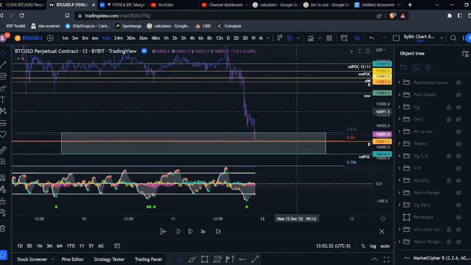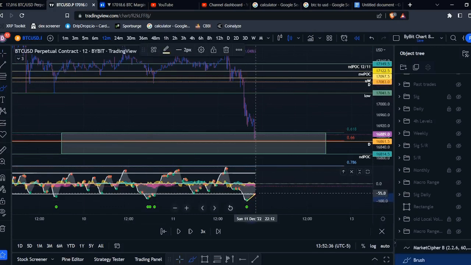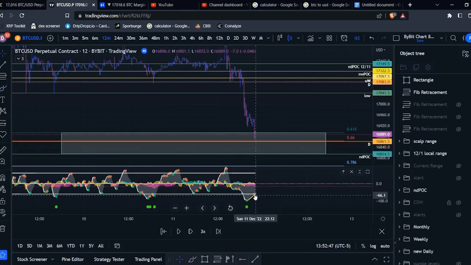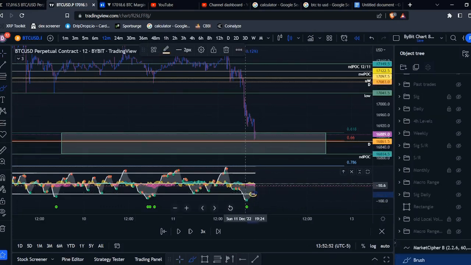Now what are we seeing on Market Cipher? Well, the momentum wave is definitely forming a bullish divergence here. The momentum wave has gotten higher as the price has gotten lower, but this is still a bit iffy for me because we just printed this red dot right here, and on the 12-minute, the money flow was continuing to get lower.